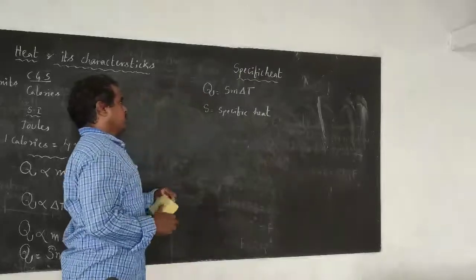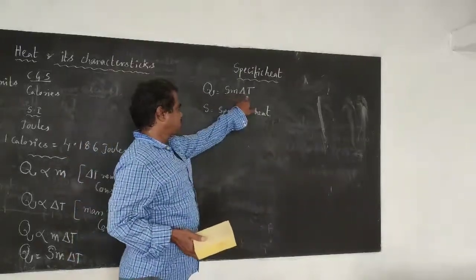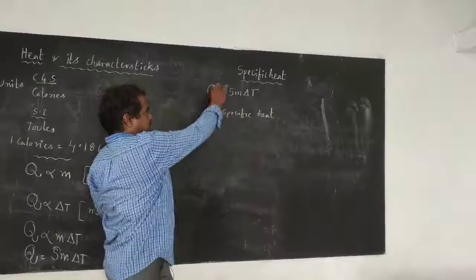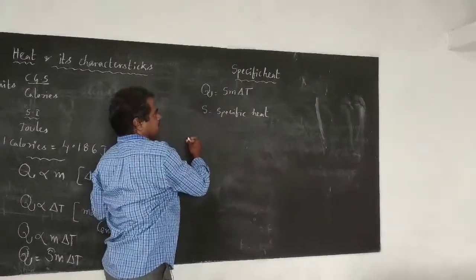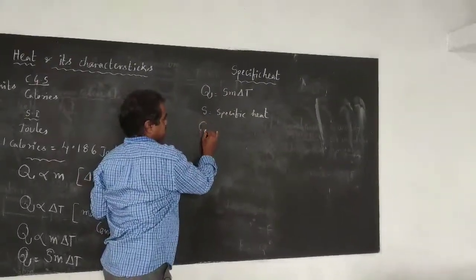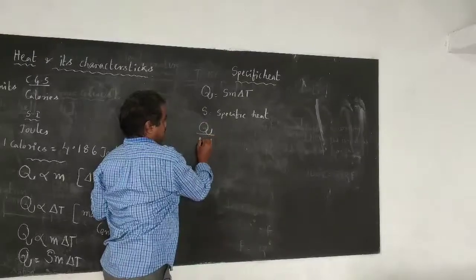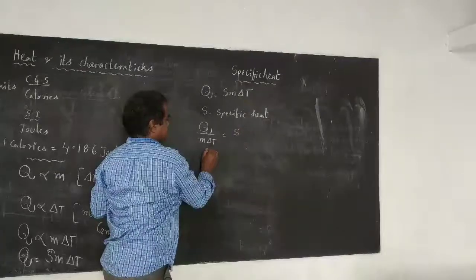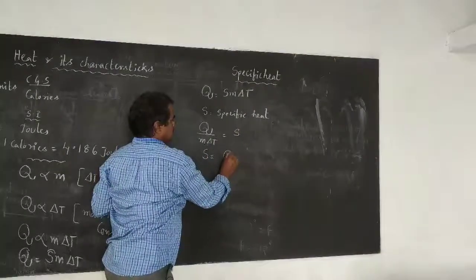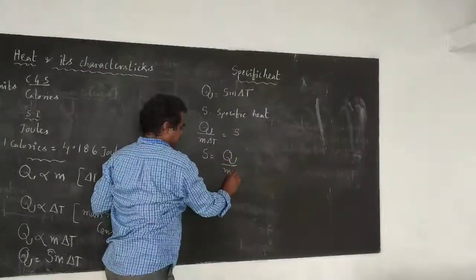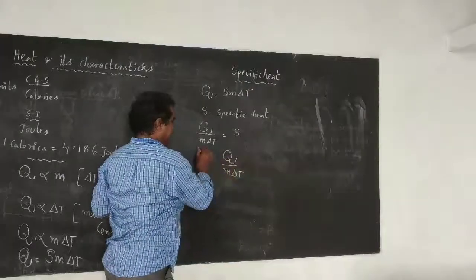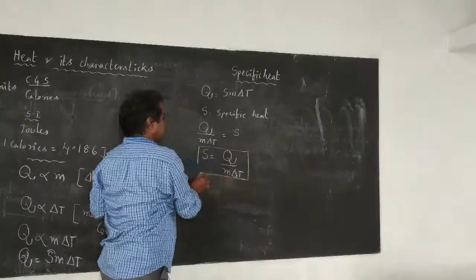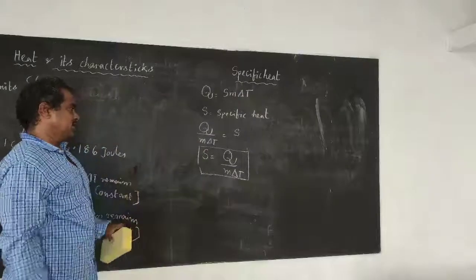Here all these factors are multiplied with each other, and any multiplying factor that moves to the other side of the equality gets division, so Q divided by M delta T is equal to S, or S is equal to Q by M delta T. This is the algebraic expression for specific heat.